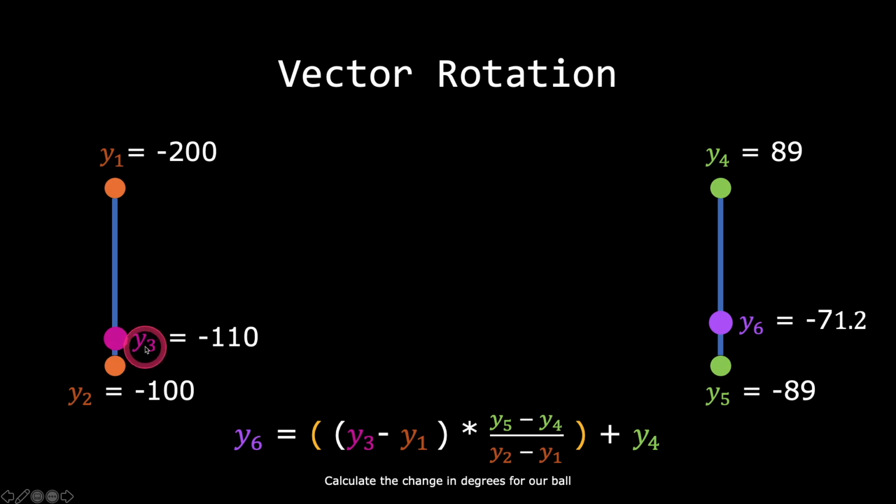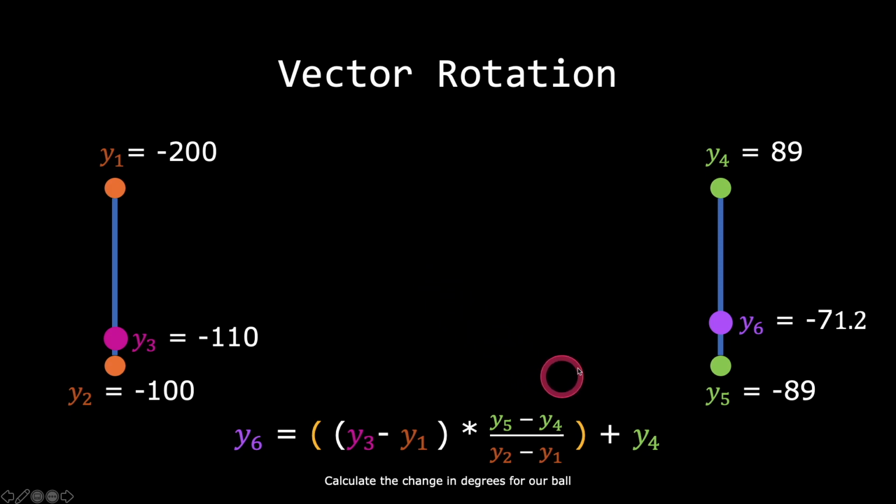Notice how down here, y3 equals negative 110. And over here, you can see that we are going to use 89 degrees and 0. So basically anything between 89 degrees and 0 will be applied to our ball speed value. In this case, y6 equals negative 71.2, which is great because we would like our ball to go downwards.